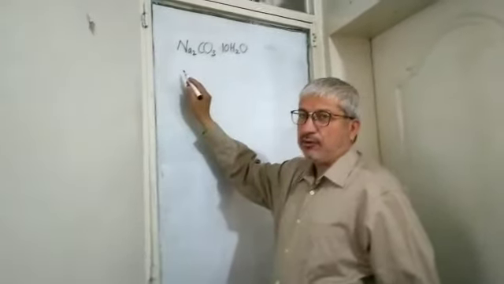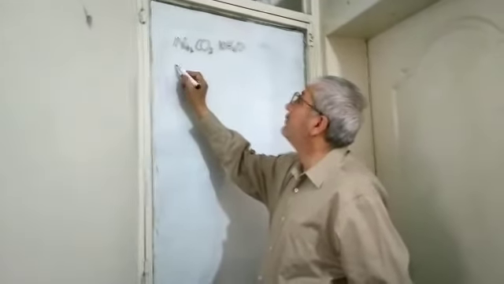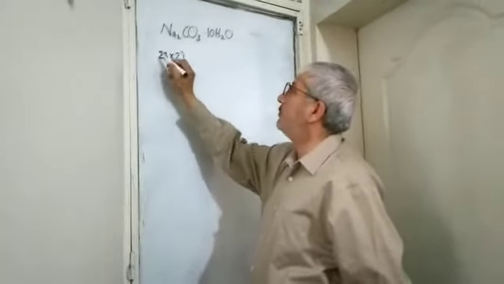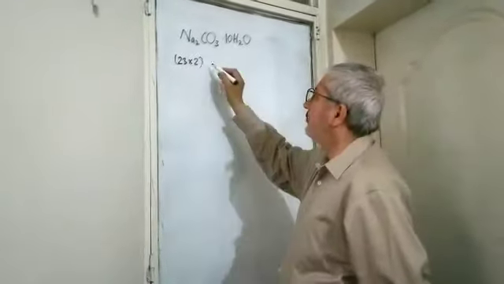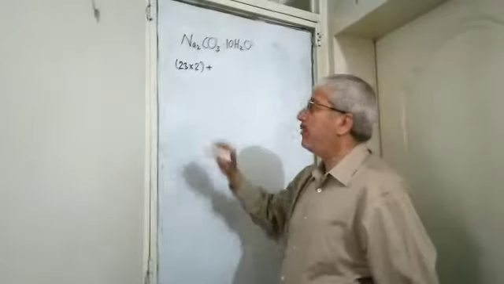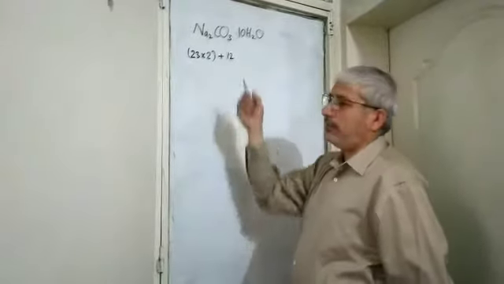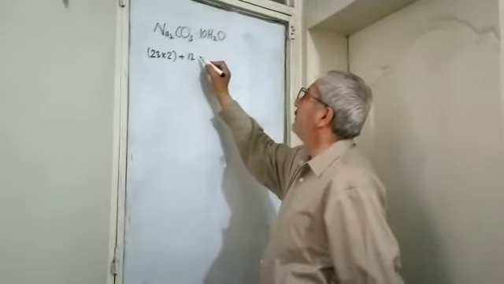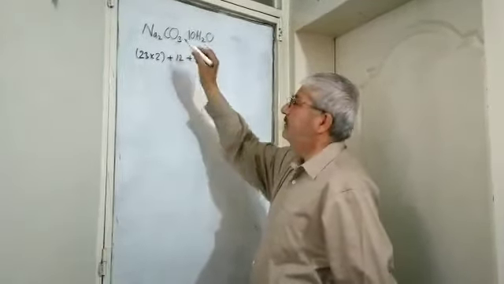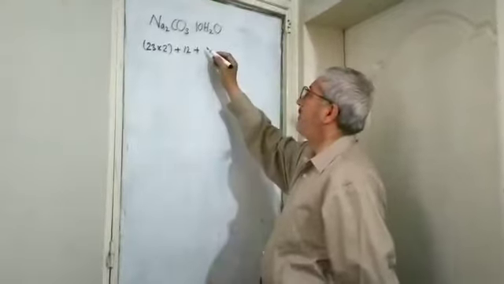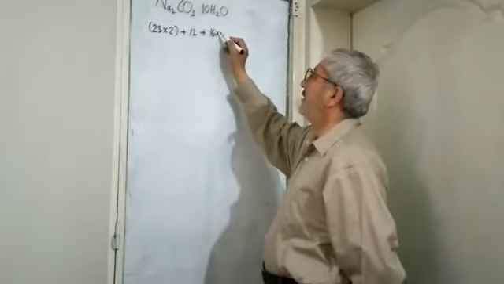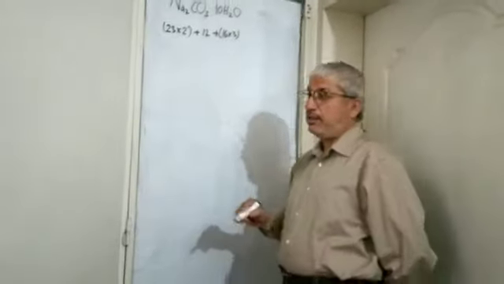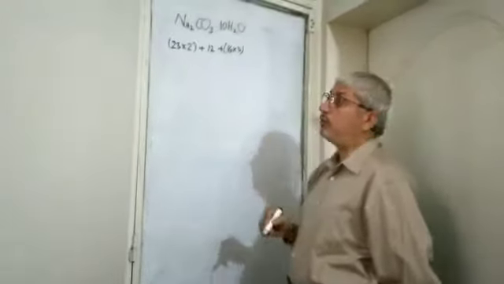The atomic mass of sodium is 23, and because there are two atoms, multiplied by 2. Put it in a bracket. Plus the atomic mass of carbon is 12, and there is only one carbon atom, so 12 is enough. Then plus oxygen, the atomic mass is 16 multiplied by 3, and then there are 10 water molecules.